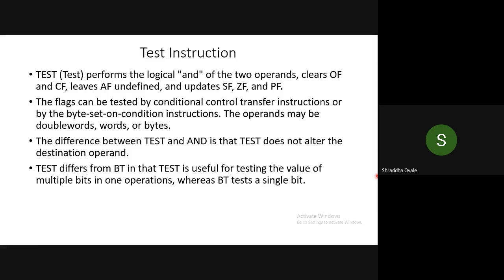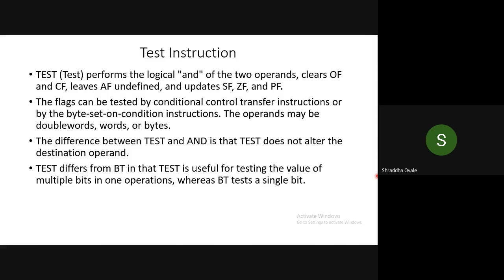So what is important in this test instruction? The test instruction will perform the logical ANDing of two operands. That is the main key point to remember. Logical ANDing is performed. Then the flags can be tested by conditional control transfer instructions or by the SETcc instructions.